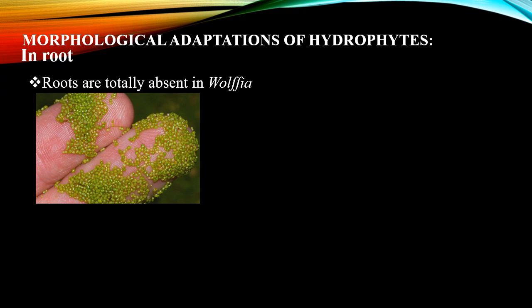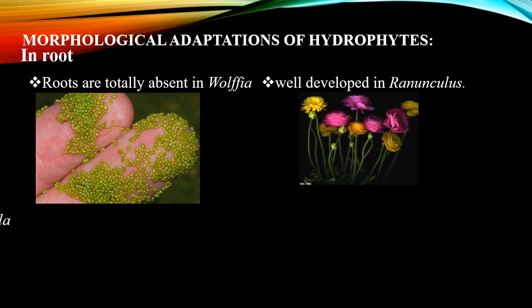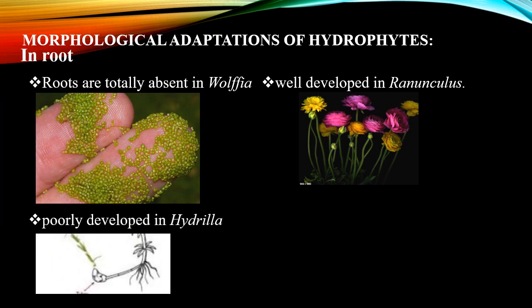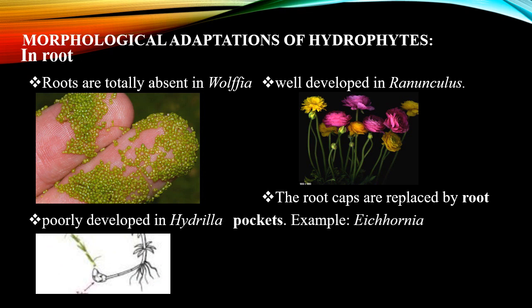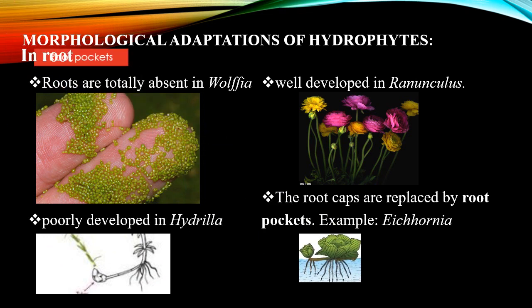The roots are well developed in Ranunculus. It is poorly developed in Hydrilla. We can see the root caps which are replaced by root pockets in Eichhornia.